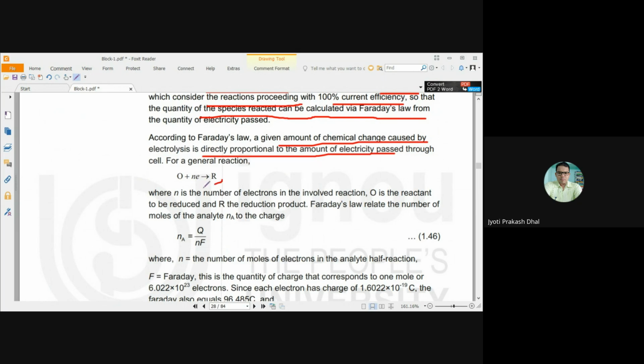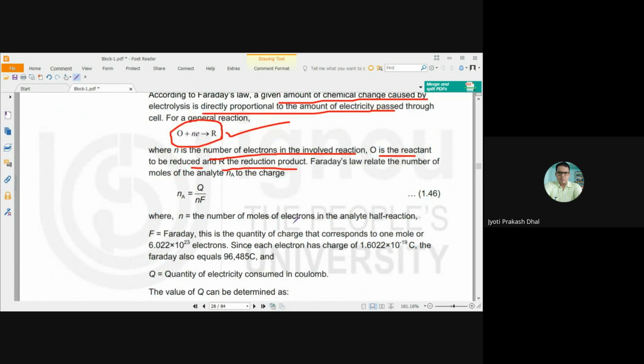That is, if O plus n electrons gives R, where n is the number of electrons involved in this reaction, O is the reactant to be reduced and R is the reduced product, then according to Faraday's law, Na, the number of moles of the analyte, equals Q by nF.